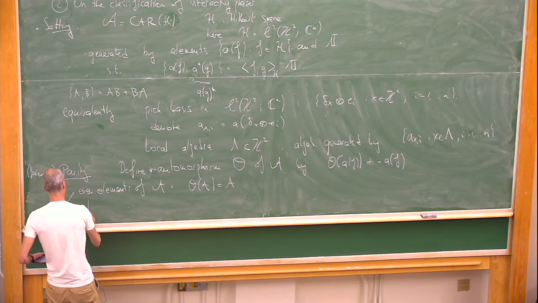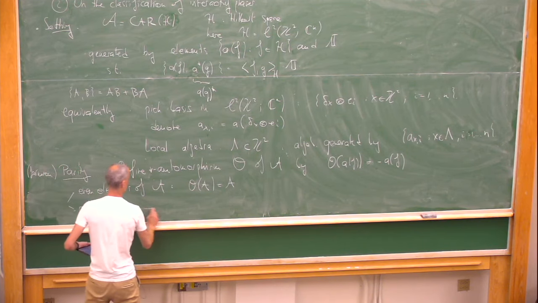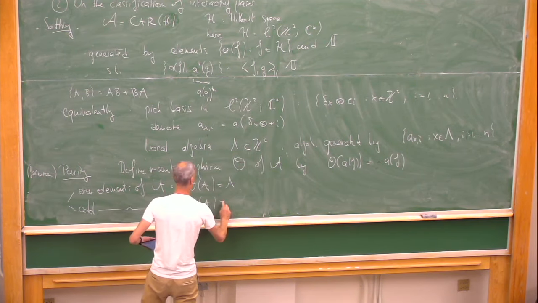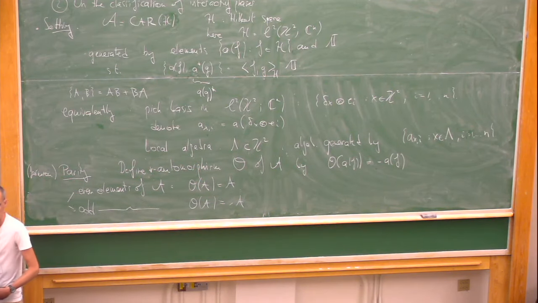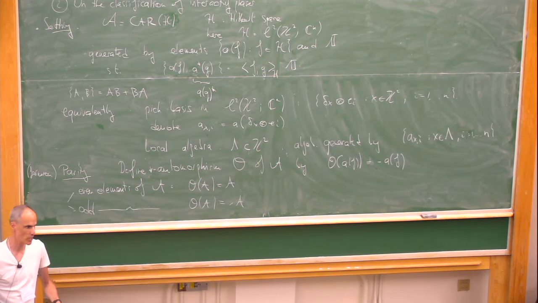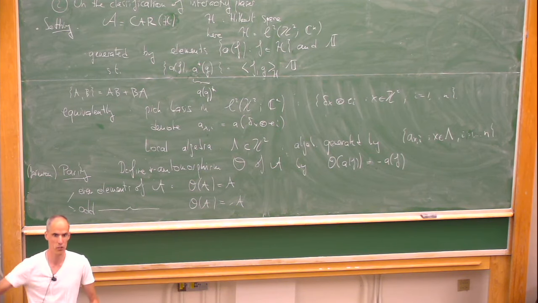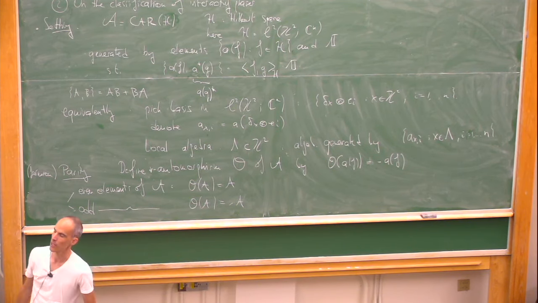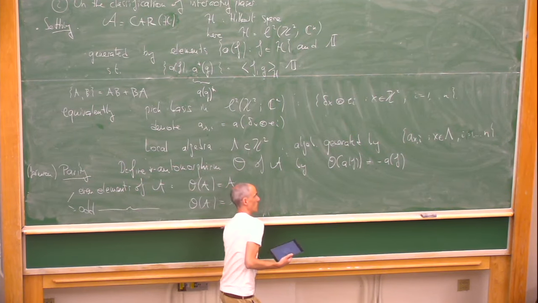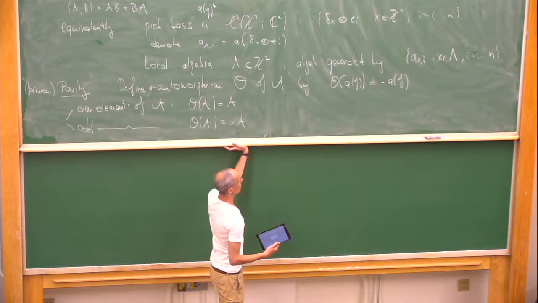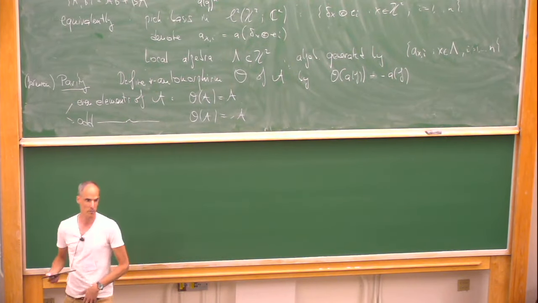And of course you also have the odd elements of the algebra, where theta of A is minus A. Now, of course, it's not true that any element is either even or odd. In general, an element of the algebra is a superposition, or a linear combination, of even and odd parts. Okay? So this fermion parity is an important automorphism.